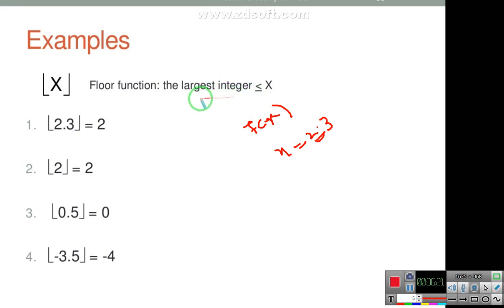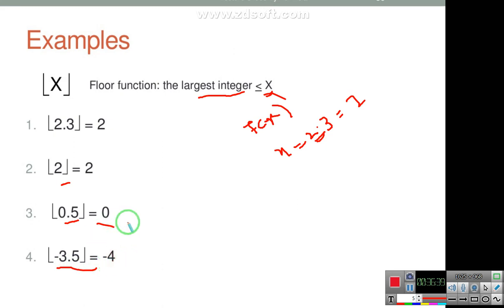We are saying that the integer will always be less than or equal to x. For 2.3, we can say that it will be 2. For 2.5, it is 2. For minus 3.5, it is minus 4.